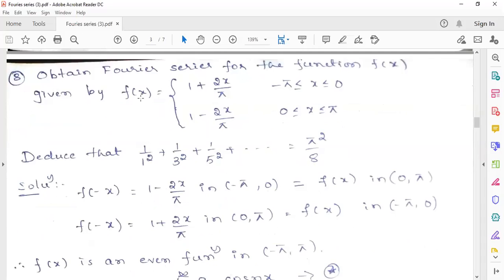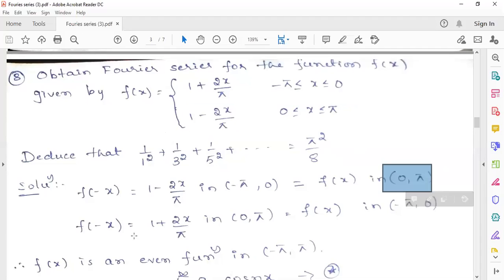You just have to replace x by minus x. If you replace x by minus x in the interval minus pi to 0, it will become 1 minus 2x by pi, which is equal to f of x in the interval 0 to pi.